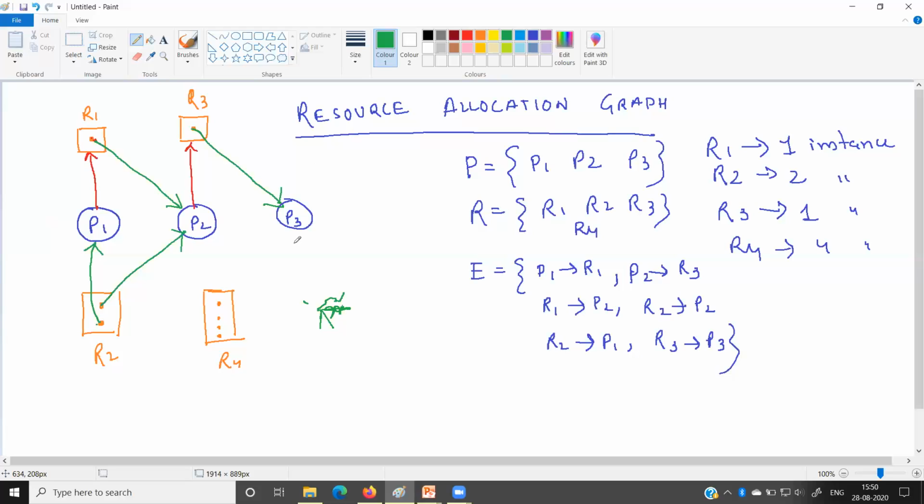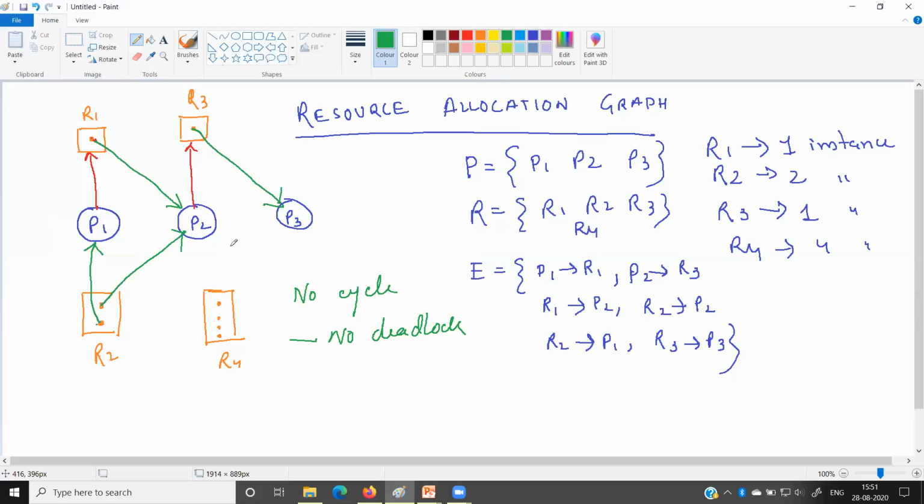So here I will write: no cycle means no deadlock. No cycle, no deadlock. Okay. And if there is a cycle, then the deadlock is also present. Now in this particular graph, there is no cycle, so deadlock is not there.